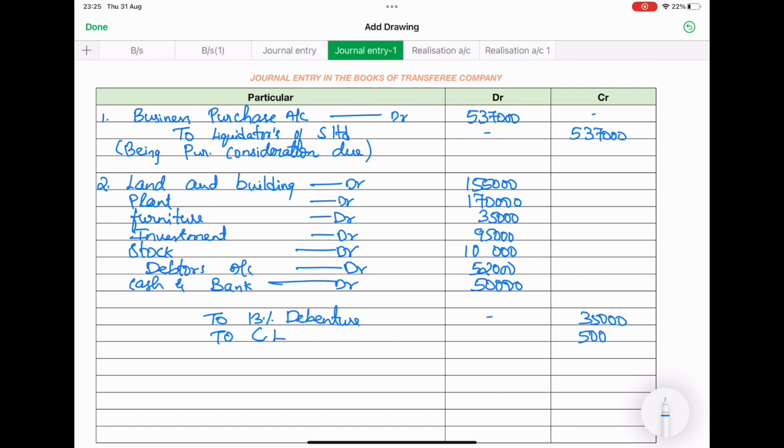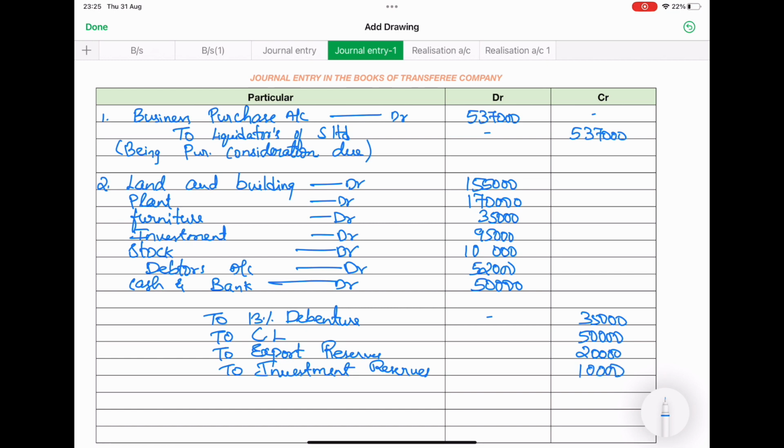After current liabilities, export profit reserve, because in the question they have mentioned we have to maintain these reserves for at least 3 years. So 20,000 we are transferring. Next we have investment allowance reserve, valued at 10,000.